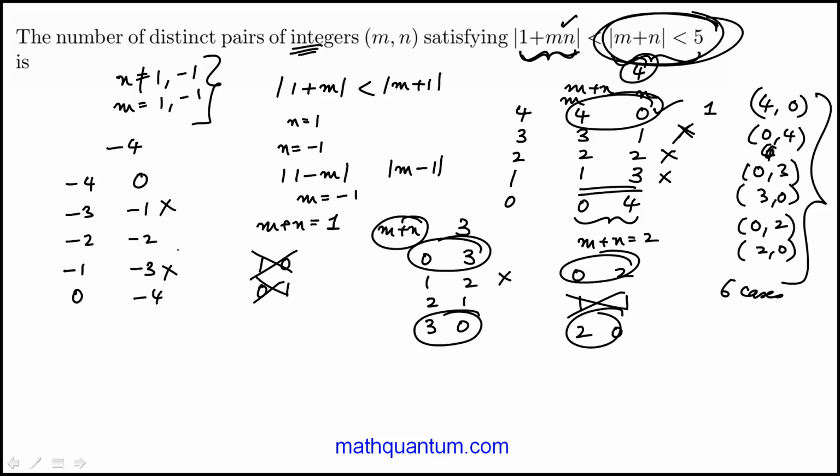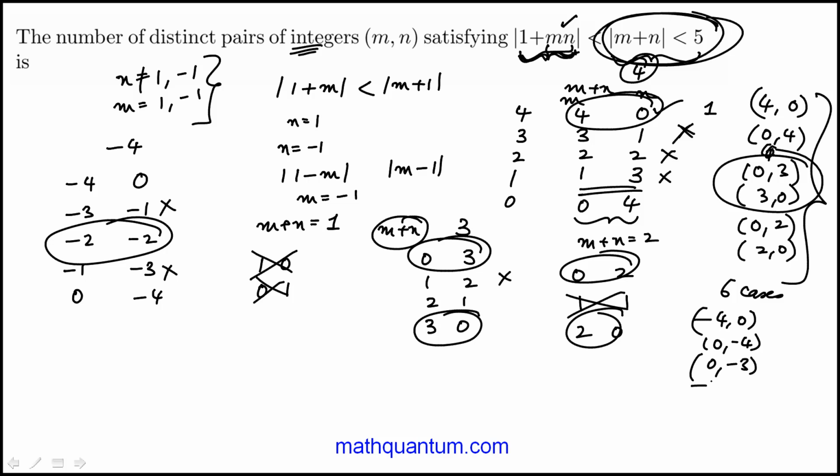These would be out, and those also won't work, because this would become 5. So again, we're left with just minus 4 and 0. And so if you keep doing it, the same logic, you will also get 0, minus 3, 0, 0, minus 2, and minus 2, 0. So you get 6 more cases. There's a total of 12.